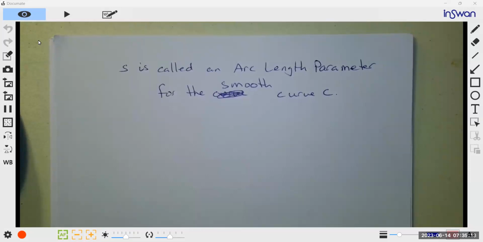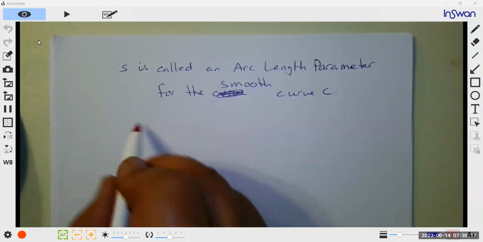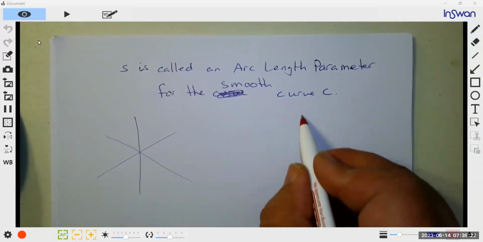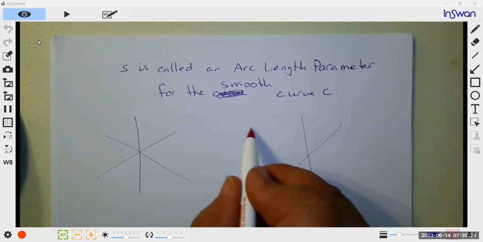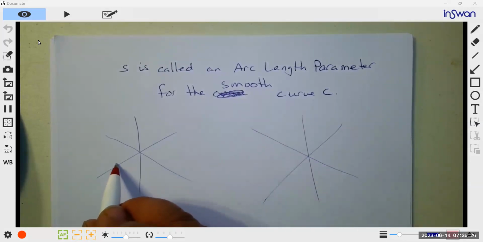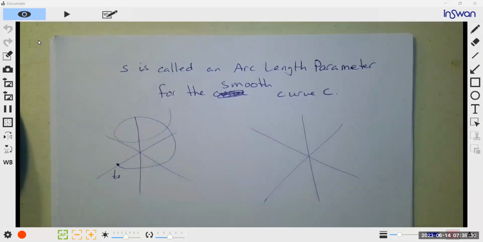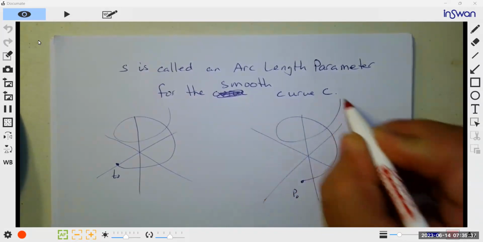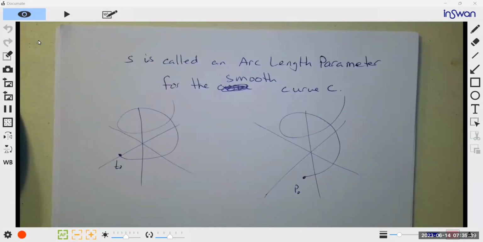So the next thing we've got to look at is what's the difference between what we just talked about. Originally we started at some t sub 0 and went from there. Now we can start at any point P and move from there. That's all that's saying.